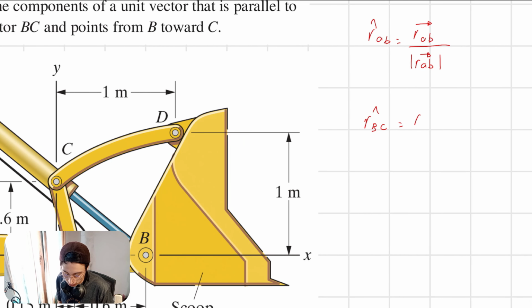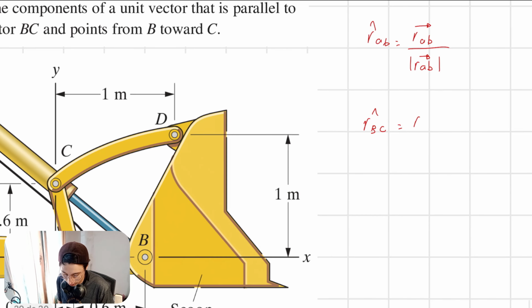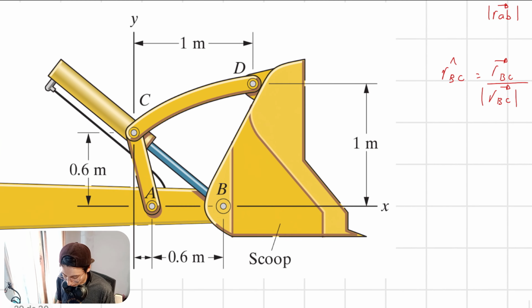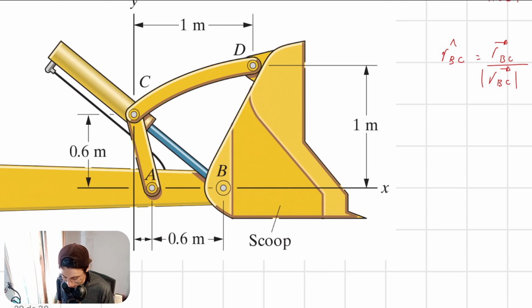It is going to be equal to the same equation that we have above, RBC divided by the magnitude of RBC. Now, let me see. All right, so we need BC.